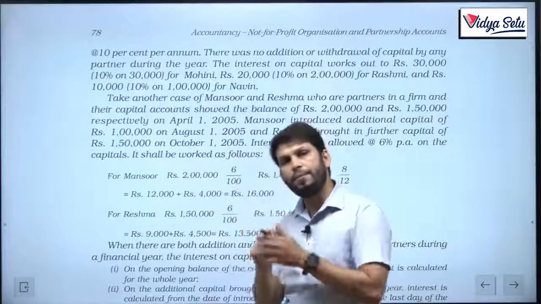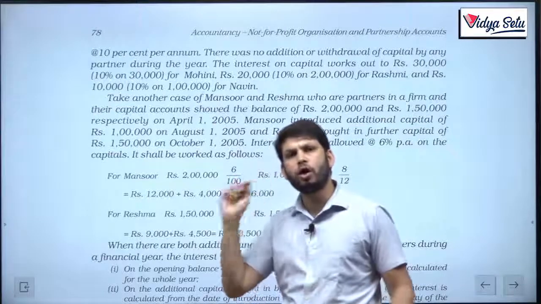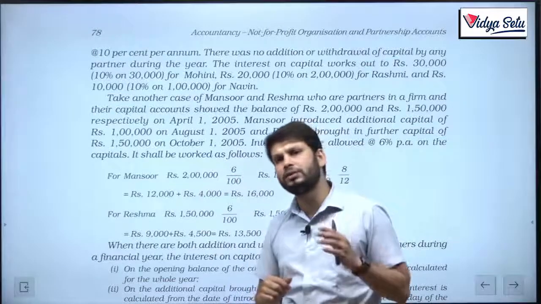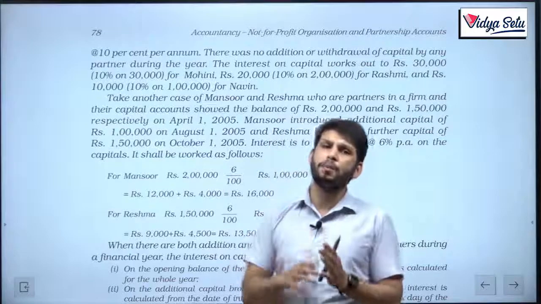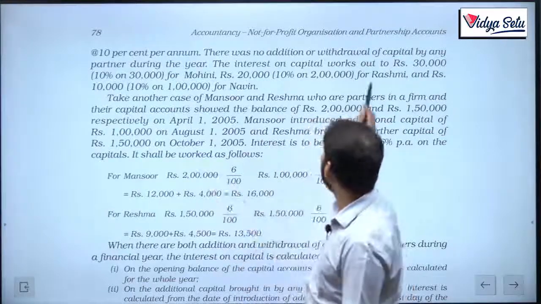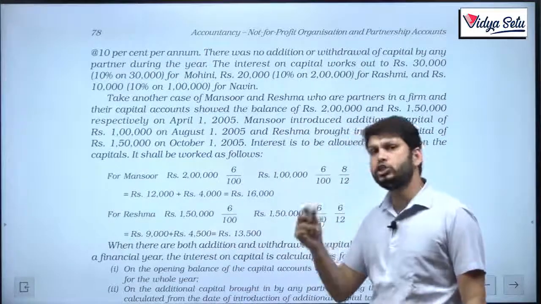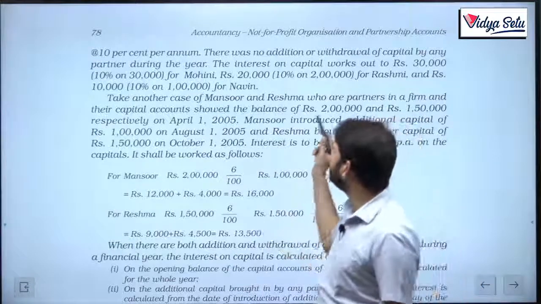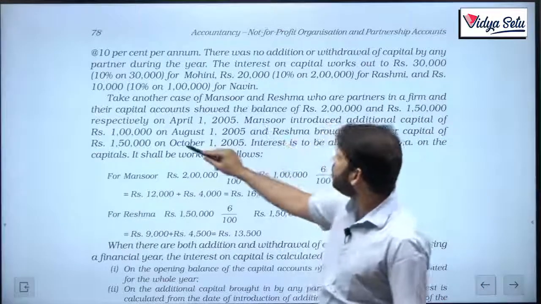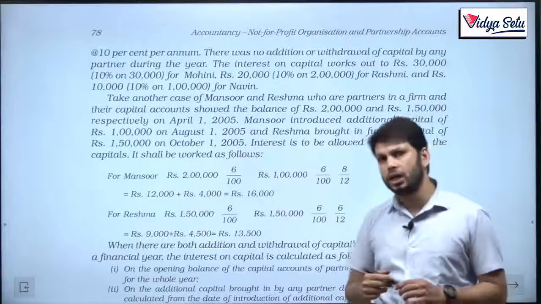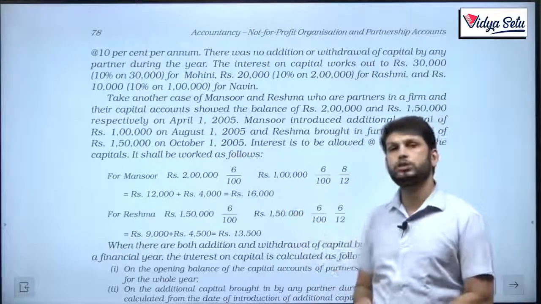So full April, May, June, July, August, September, October, November, December, January, February and March, all the 12 months, this 2 lakh was there. He brought additional capital of 1 lakh, but this additional capital was not there for the entire year. He brought this on August 1.